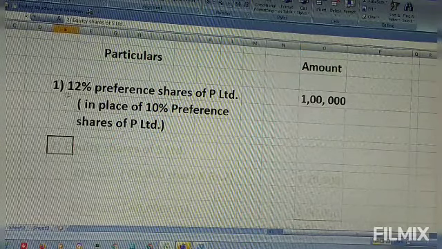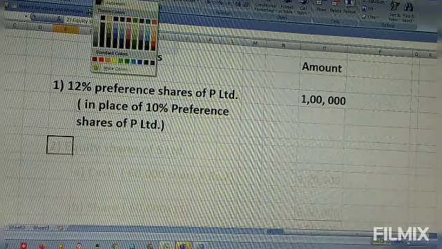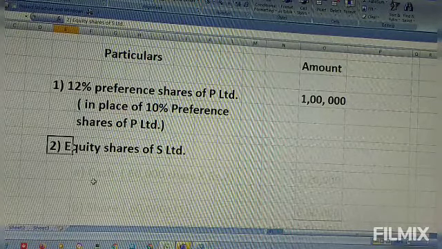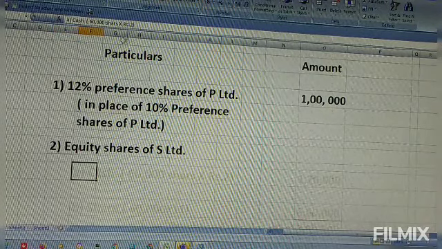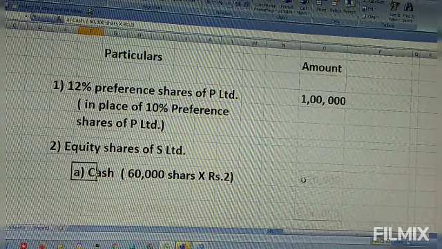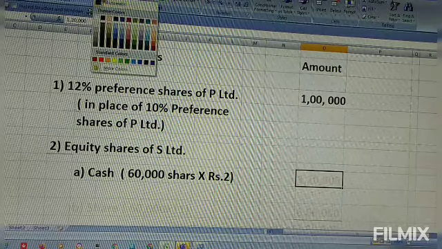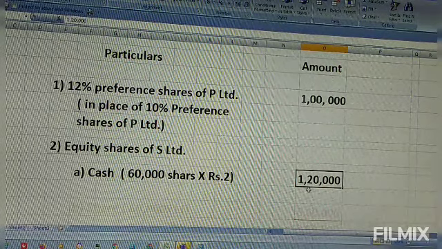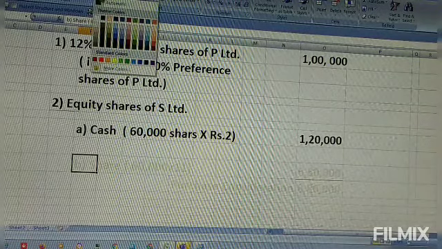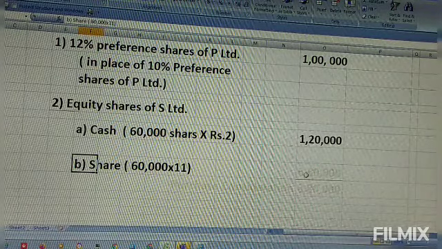Next, the second item is equity shares of S Limited. First it gives cash, rupees 2 per share. So 60,000 into 2 is 1,20,000. Then it gives shares in exchange: 60,000 shares into 11. How does 11 come?